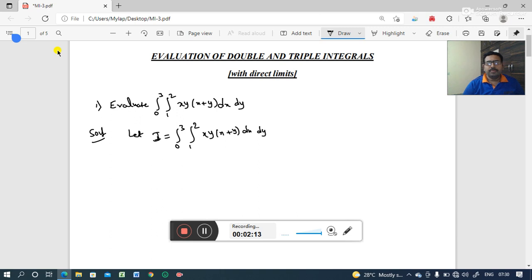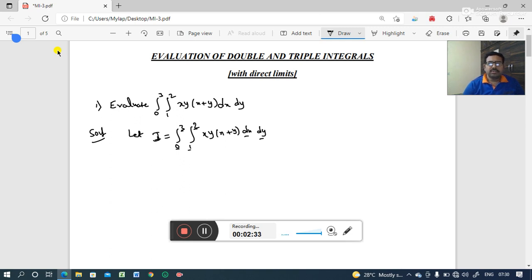If you observe this given problem, your first integral limits are from 0 to 3, second integral limits are from 1 to 2, and the given function is xy into x plus y dx into dy.